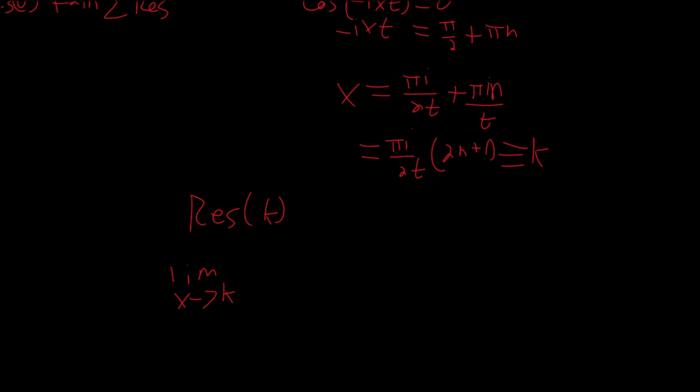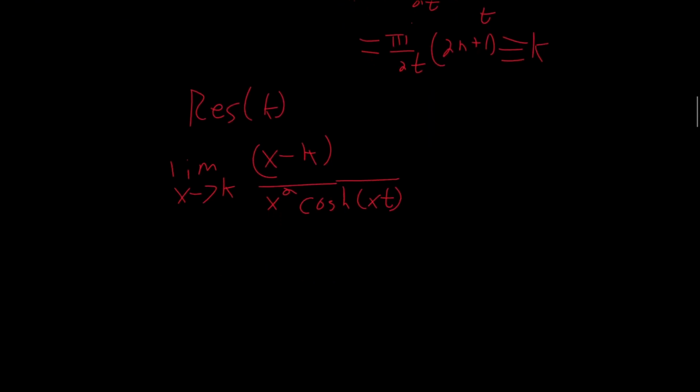So what we end up finding is the limit of x minus k over x squared times hyperbolic cosine of xt. You'll notice that we have a 0 over 0 here, so we apply L'Hopital's rule.